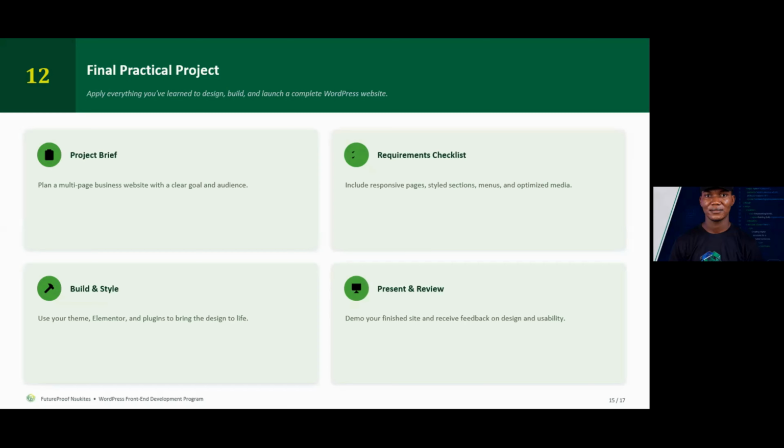You will plan the project, create multiple pages, design layout. You are going to optimize images, install the best plugins you want to use in your design. Now, you're going to create menus and ensure that the website is responsive to Android, tablet, desktop, etc. And finally, you will present your complete website and receive constructive feedback.